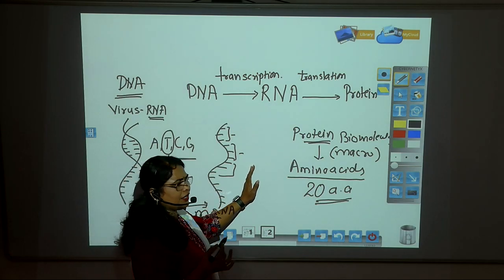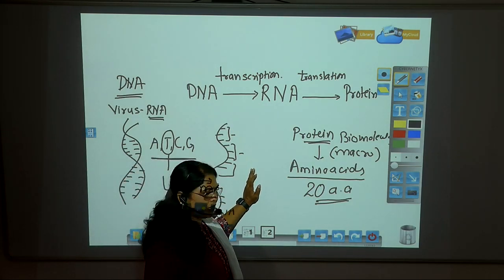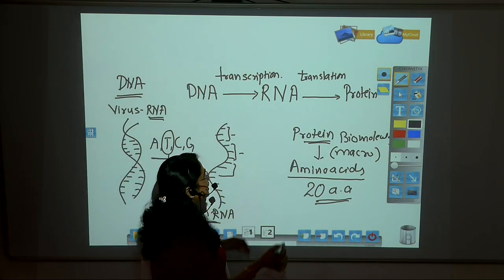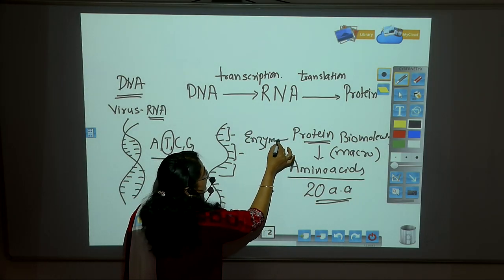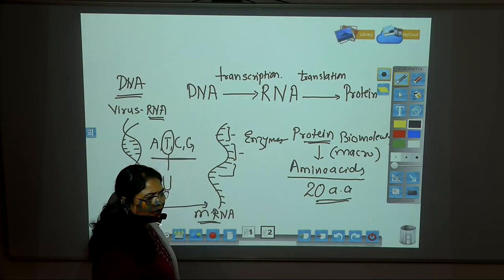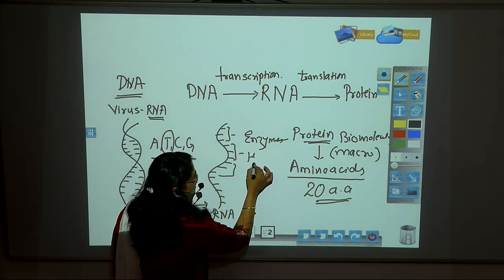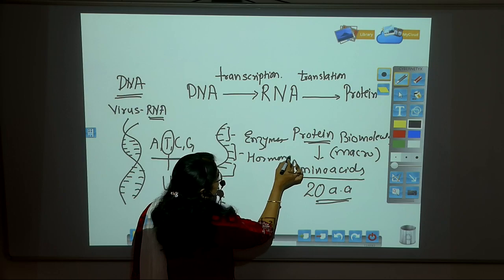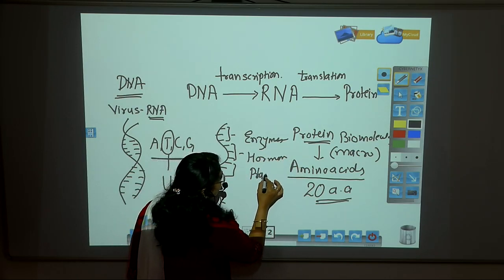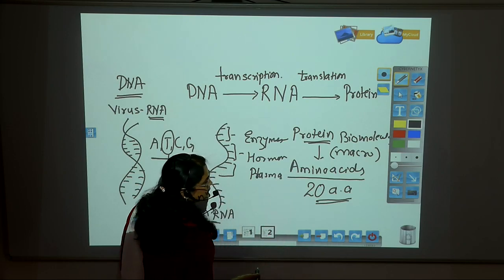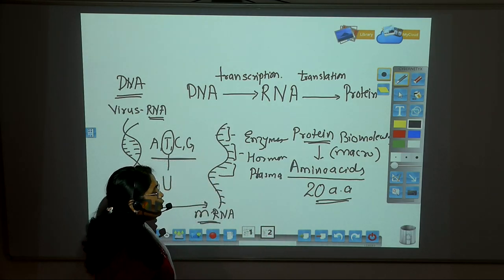Proteins play very important functions. For example, proteins are enzymes. Proteins are hormones. Proteins are present on the plasma membrane; the plasma membrane has proteins with many functions.